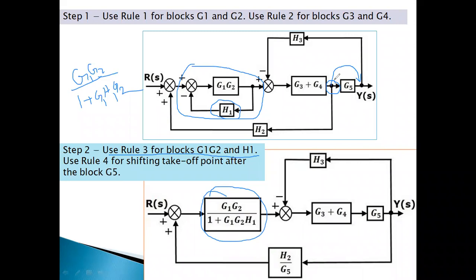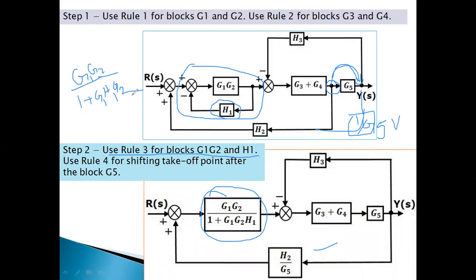So moving a takeoff point after a block, a block is added at the takeoff point whose gain value is 1 by G5. The same thing I have represented here.